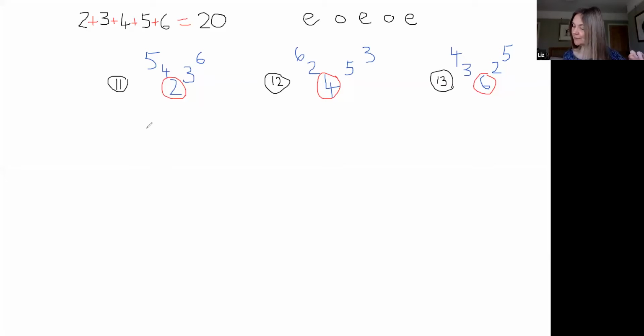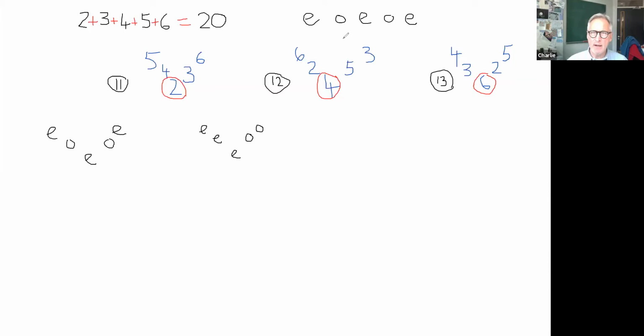And somebody has posted that the magic V can be even, odd, even, odd, even, or it could be even, even, even, odd, odd. Both of those arrangements could give us a magic V.